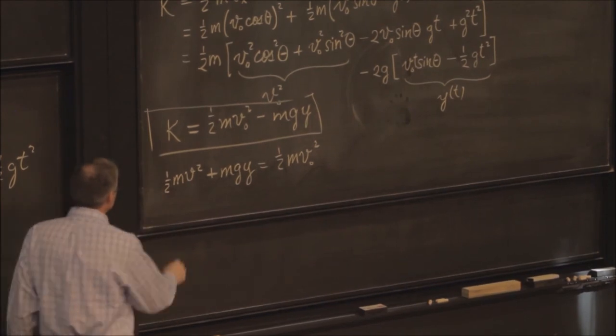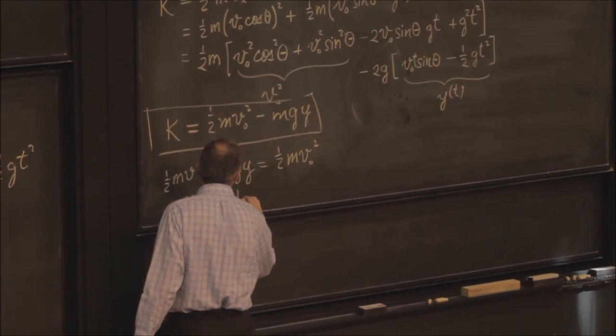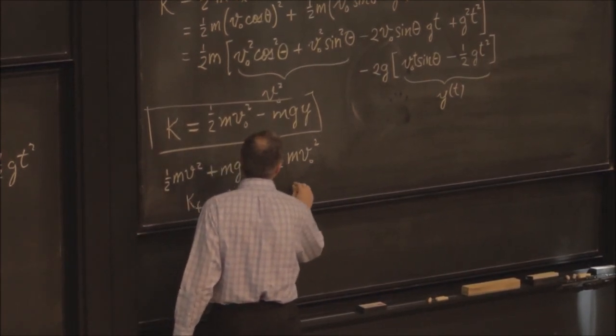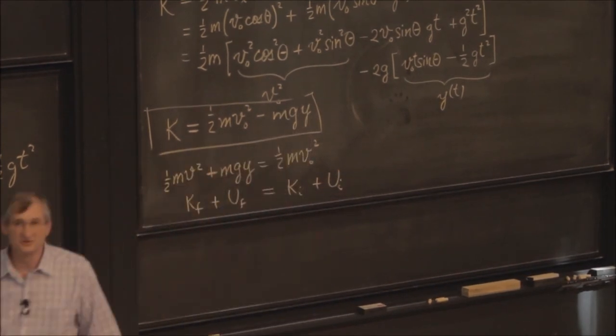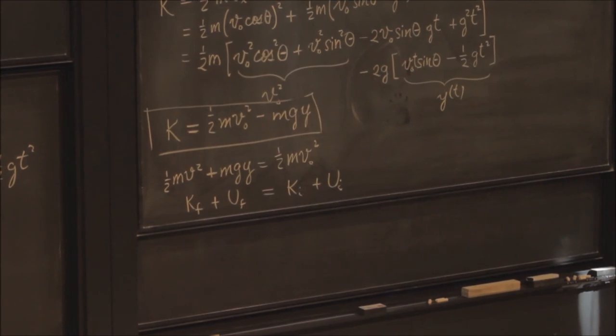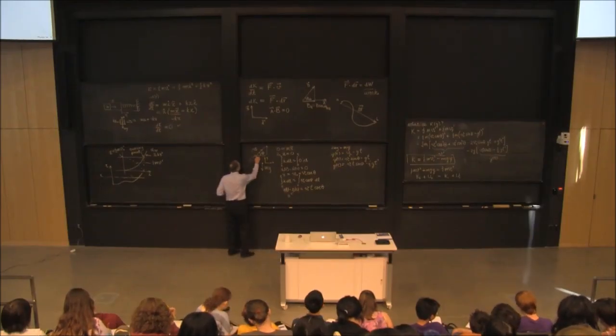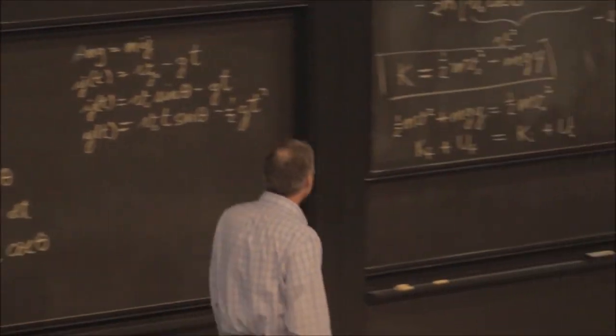That's a statement that k final plus u final is equal to k initial plus u initial, where I'm measuring my gravitational potential energy from what point? Yeah, where the projectile started. So from this origin there. Exactly. Okay?